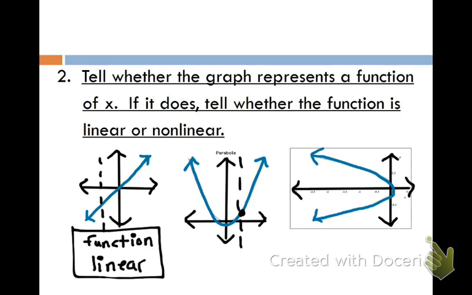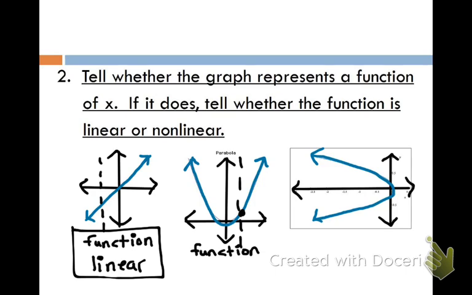Did it touch on my graph anywhere else? No. It doesn't have to do with if it touches your x and y. It just has to do with if it touches your graph. So did it touch my graph one time or more than one time? Only one time. So is this a function or not a function? It is a function, so you're going to write the word function.